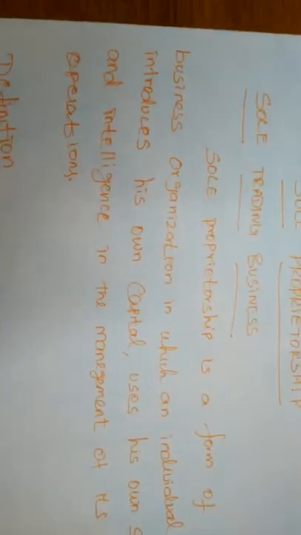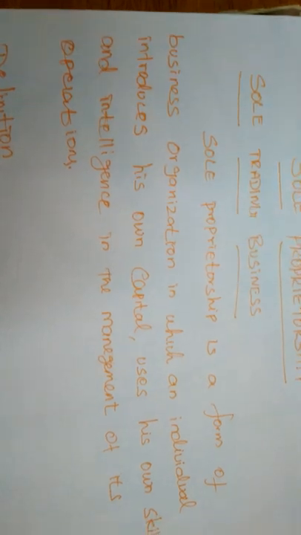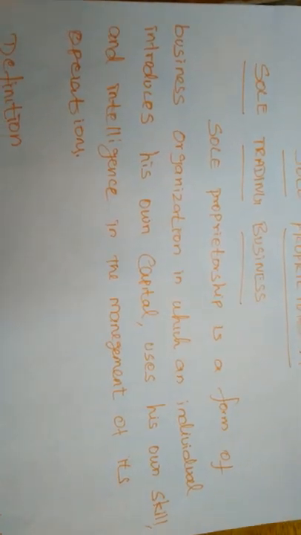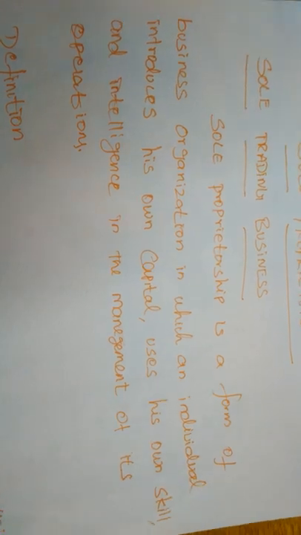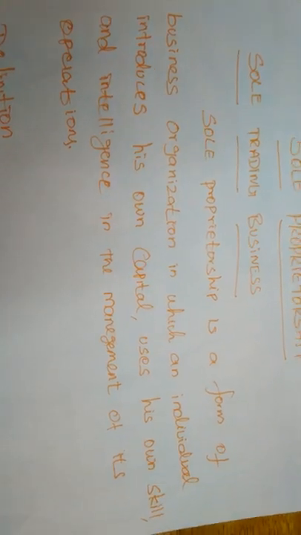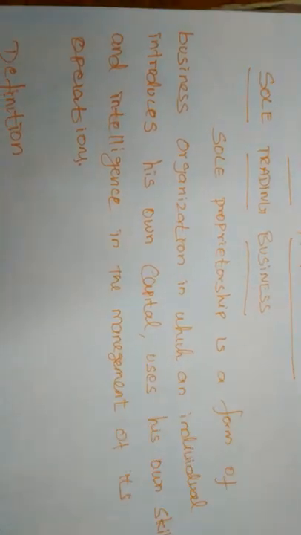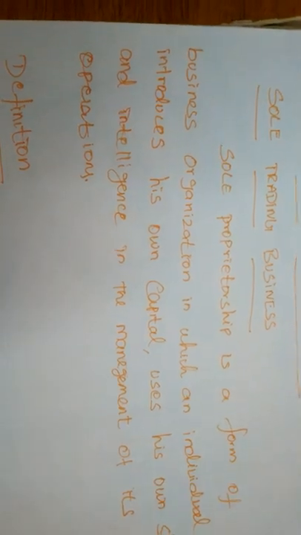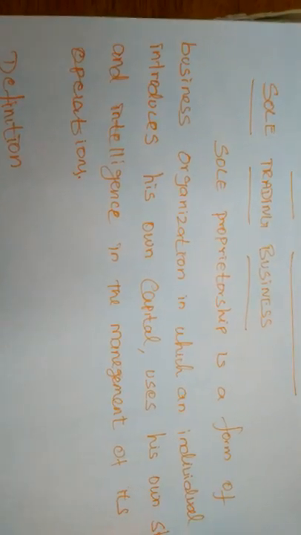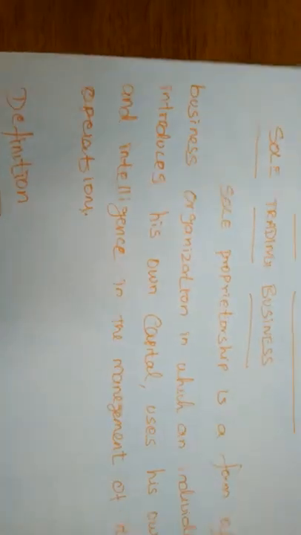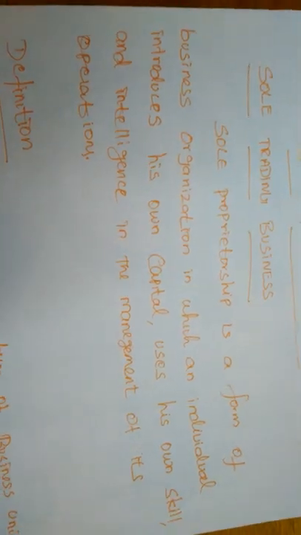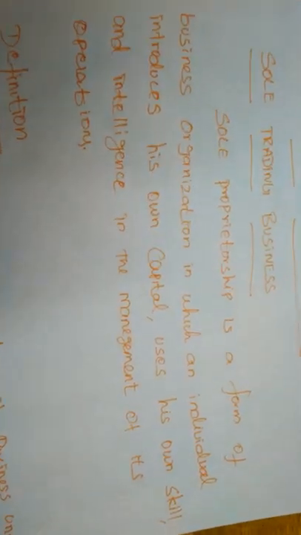If a person uses his own capital to conduct the business and uses his own skill for all the decision making and management of its operations, that undertaking is considered a sole trading business.